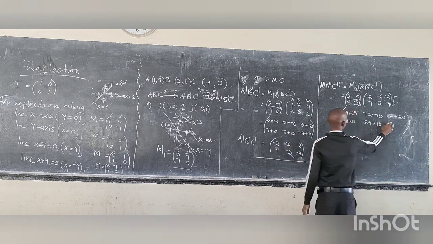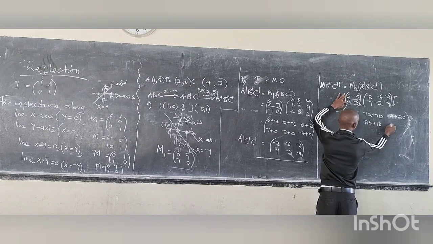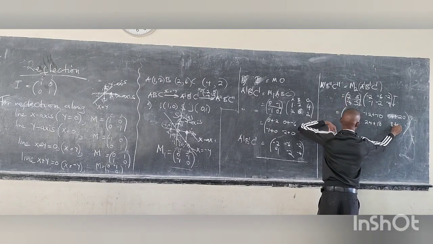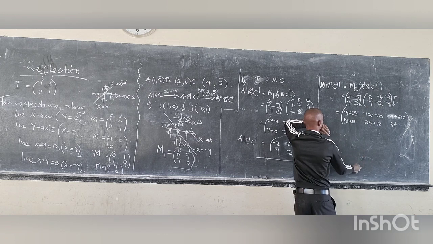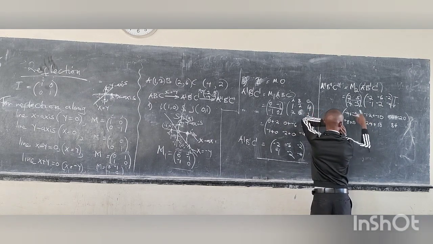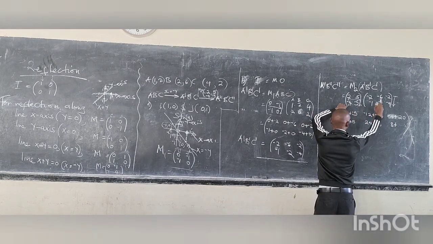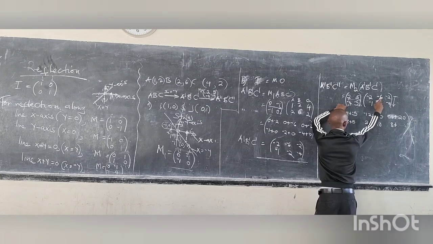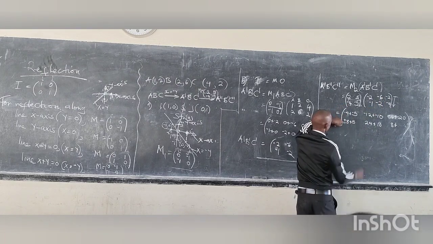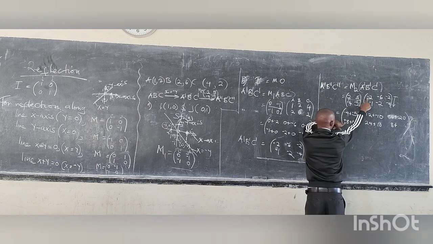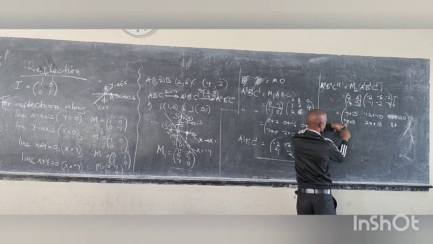Teacher, there is negative 8. There are negative 4 times negative 2. Negative 4 times negative 4, it's positive 8.